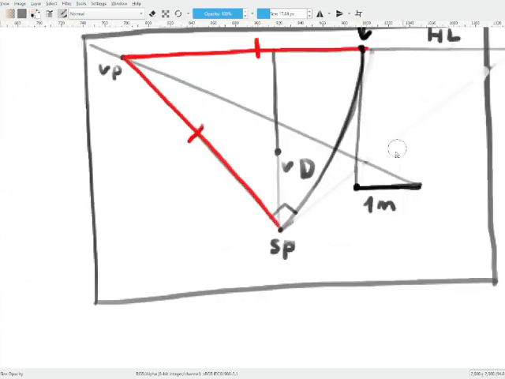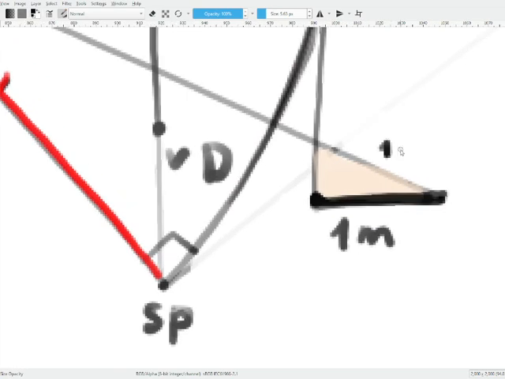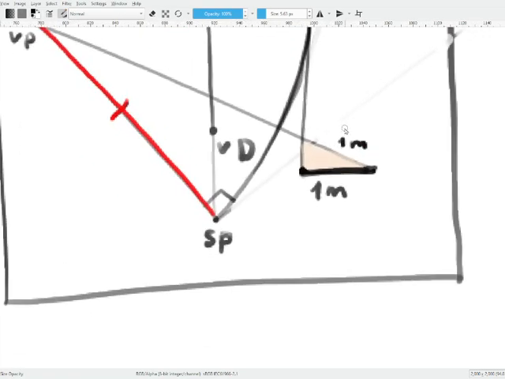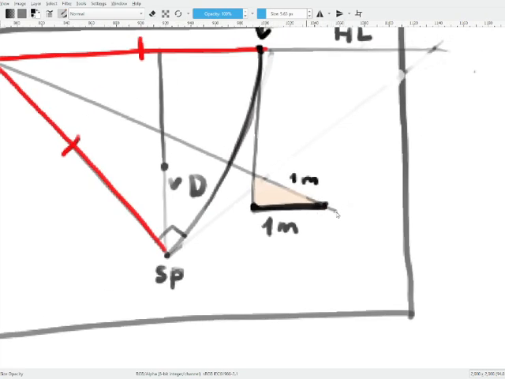This is the core idea of measuring points. So we have there a 1 meter long line, and this is a projection of a 1 meter long line. You can do it with any length. You can do it in the other direction as well.